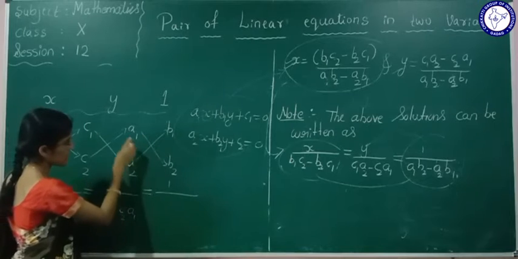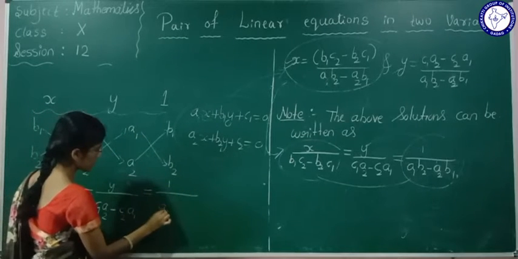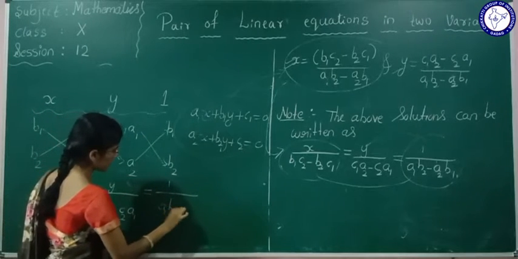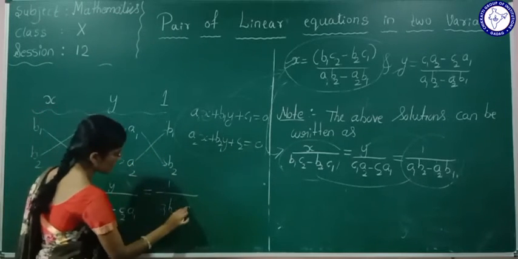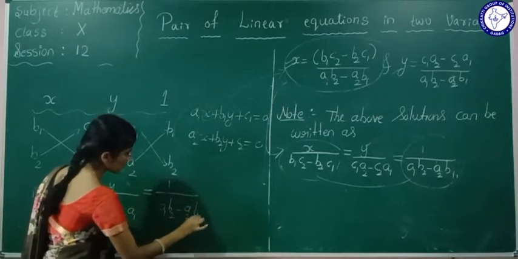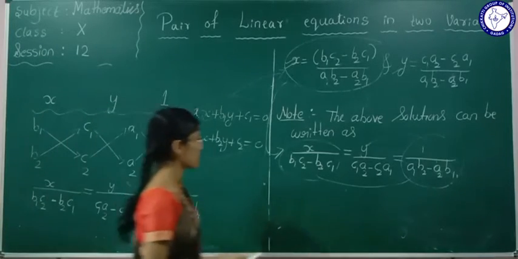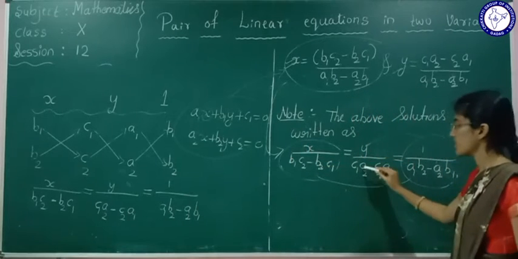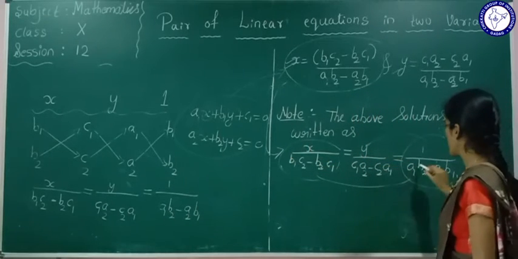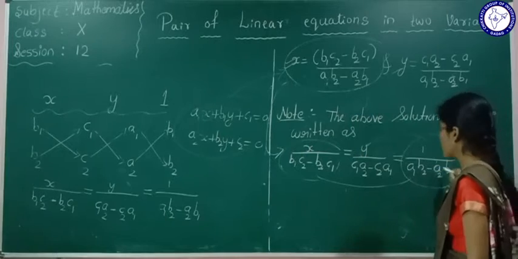Multiply the downward arrow, that is a1 multiplied by b2, minus this product, a2 b1. Now see here, this and this are the same, no? c1 a2 minus c2 a1, a1 b2 minus a2 b1.